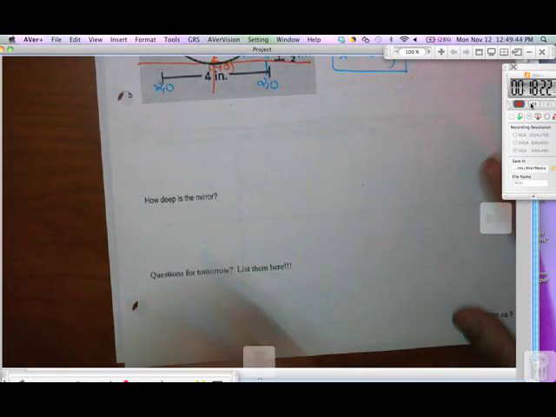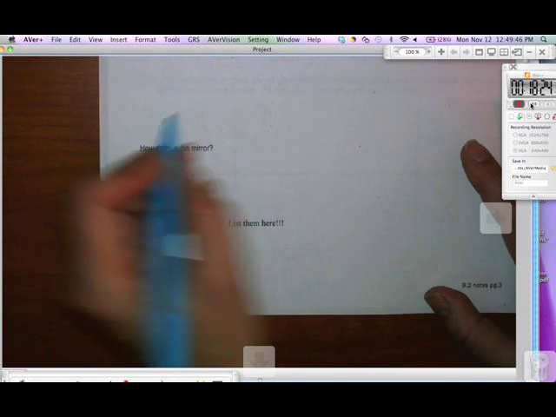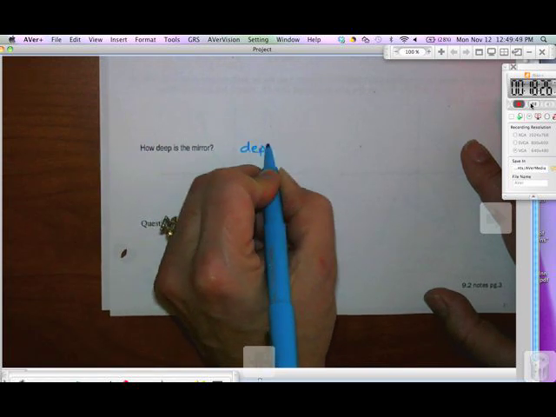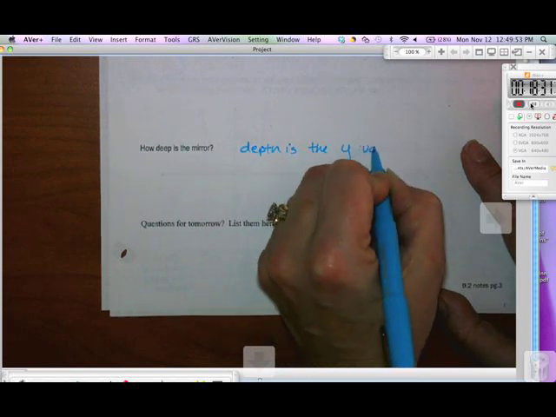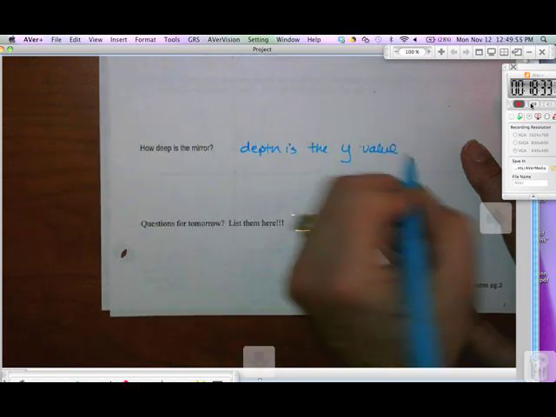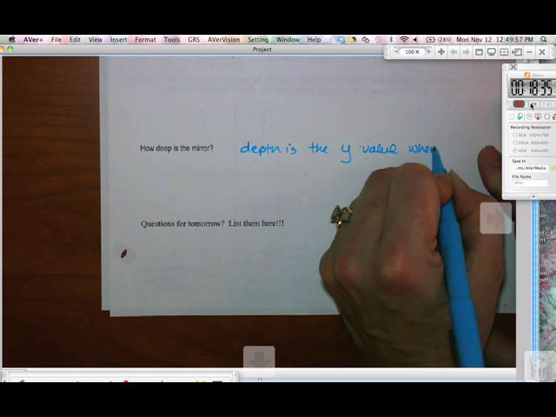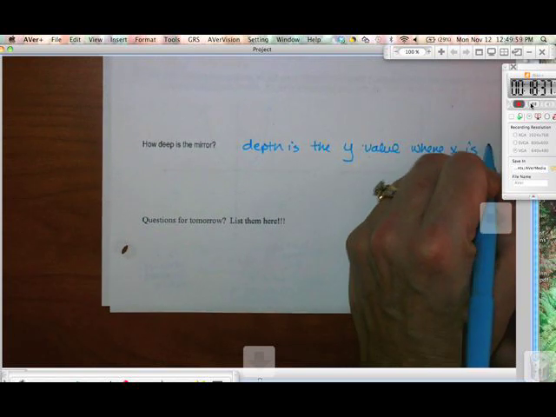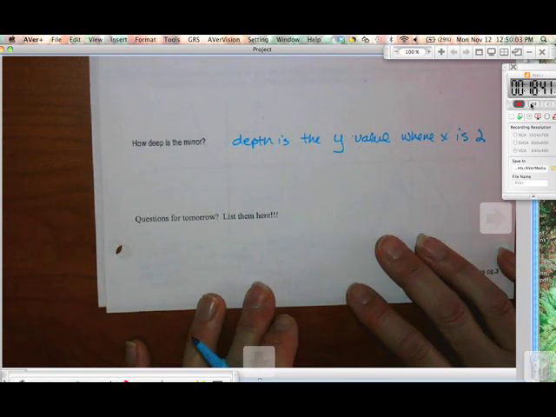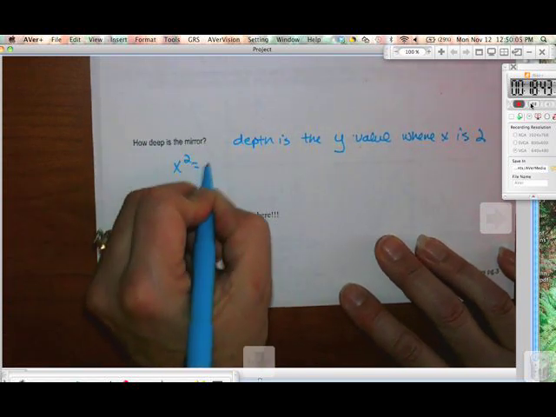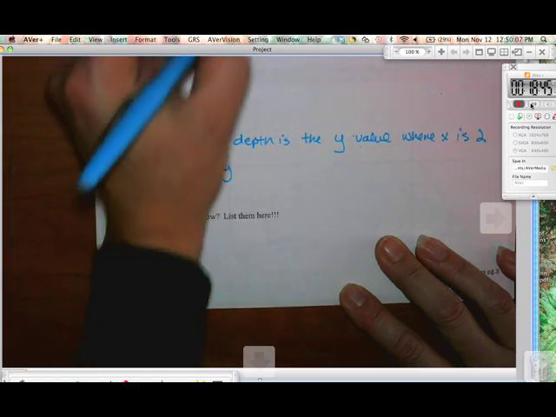But let's figure out how we would use that. The depth is the y value where x is 2. So if I plug that into my equation, x squared equals 2y, I want to know how deep it is where x is 2.